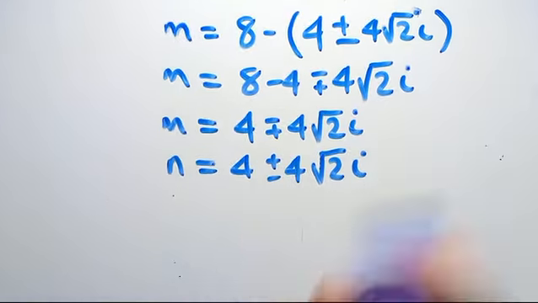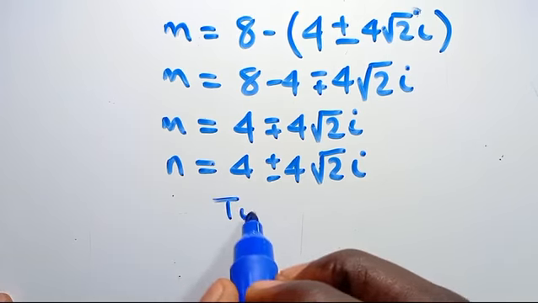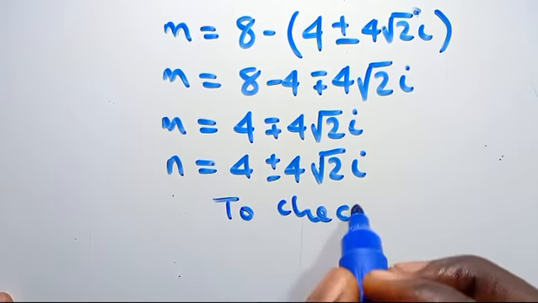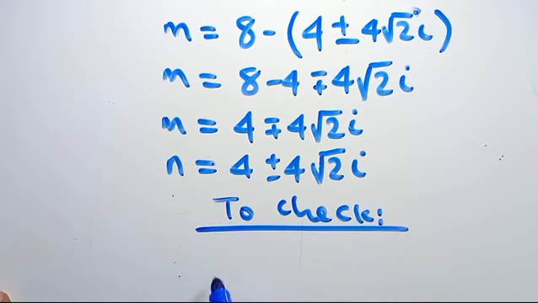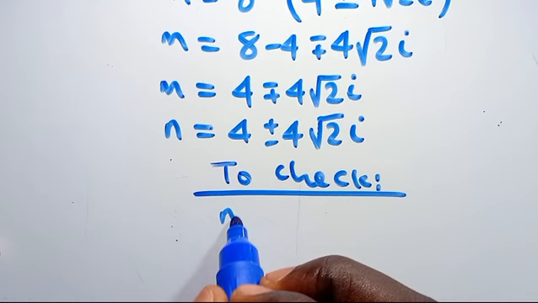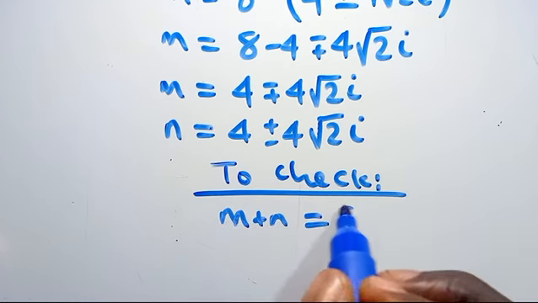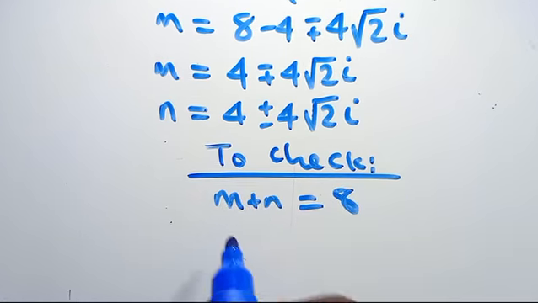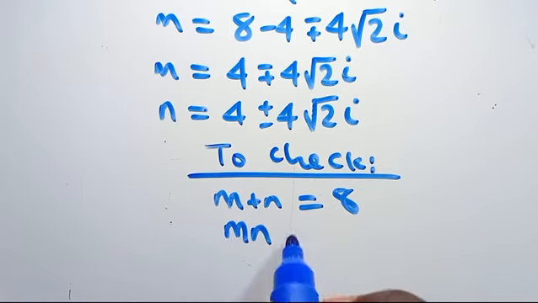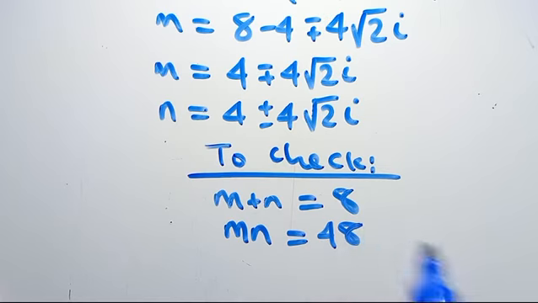Meaning that, let us now check. We are given m plus n equals 8, then mn equals 48.